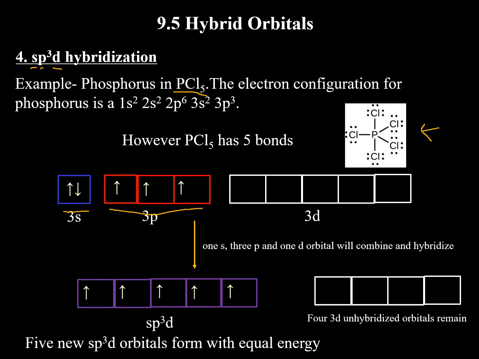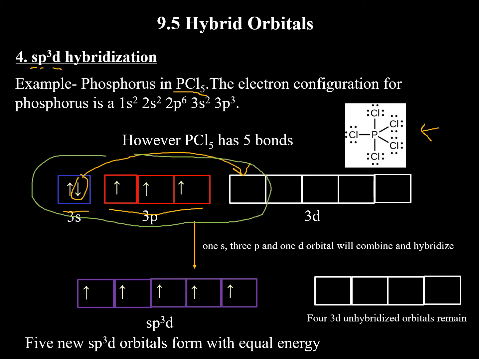empty at this moment. What happens is the electron, you can think of this as the s, jumping over here. They all combine. The blue, the 3 red ones, and 1 white one combine to give us this light purple. I'll just use the color as an analogy when you mix these colors.